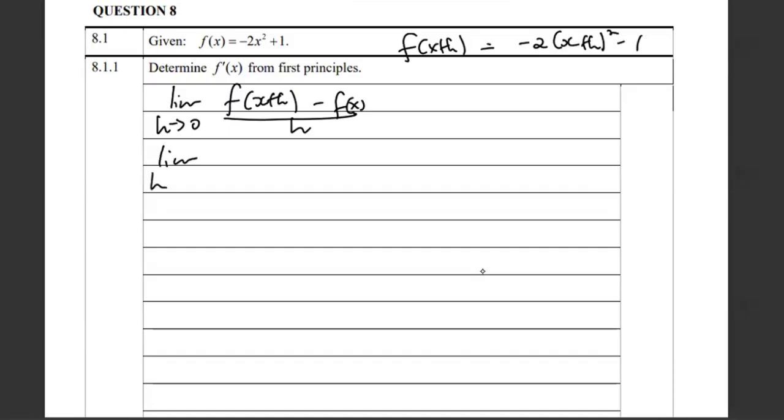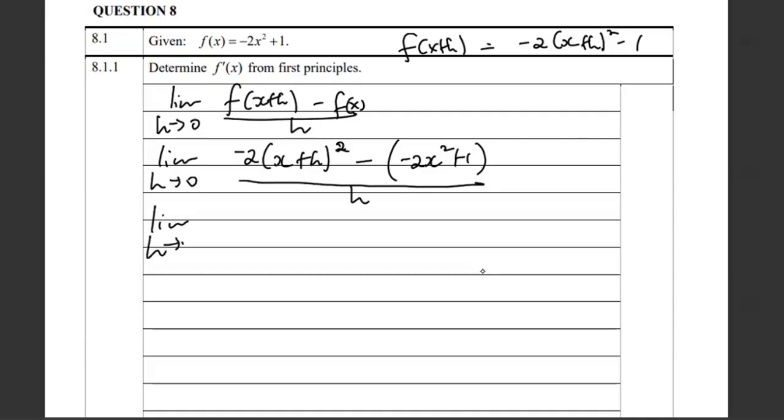So limit as h tends to 0, negative 2 into x plus h squared minus our f of x, which is negative 2x squared plus 1, divided by h. Limit as h tends to 0, negative 2, we open this up, we're going to have x squared, 2xh, and h squared. Minus, no, that's going to be a plus now, 2x squared minus 1. This is all over h.